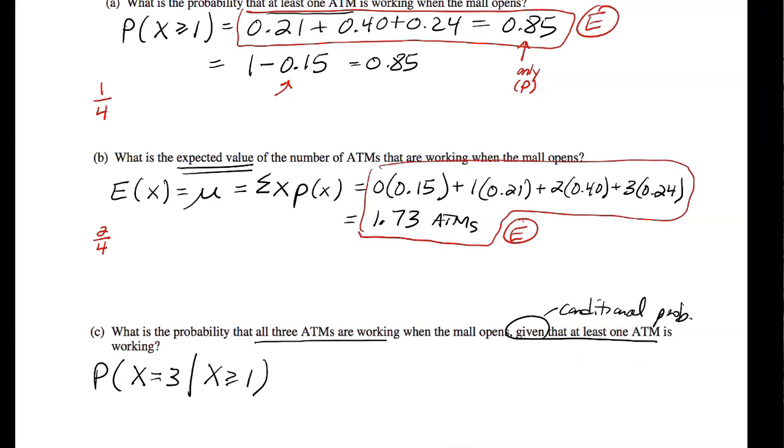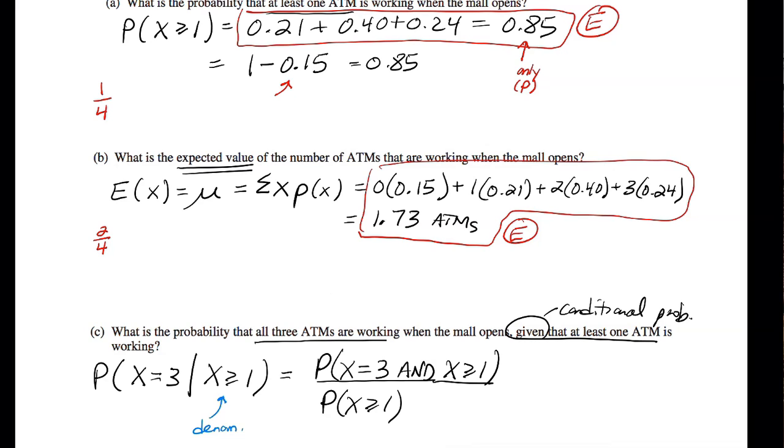So the condition here is going to be our denominator. And then our numerator is going to be the probability that x equals 3 and the probability that x is greater than or equal to 1.